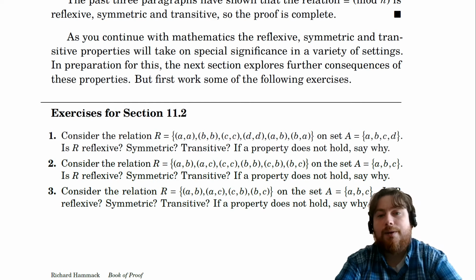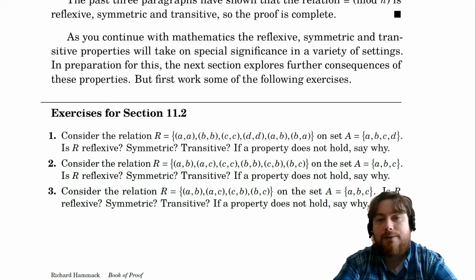So now we have the relation R given by the set of ordered pairs on A cross A, where my original set A is {a, b, c}. What I want to know is, is this reflexive, is it symmetric, and is it transitive? So what this problem comes back to is just remembering what each of those things mean.